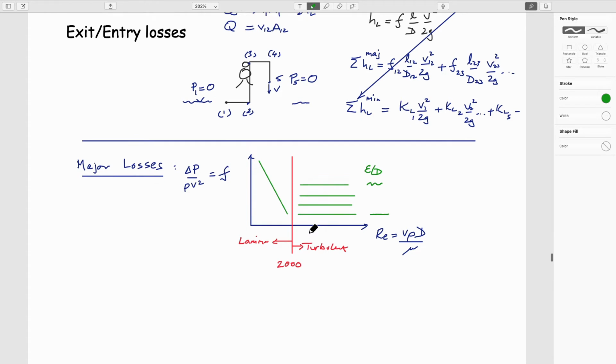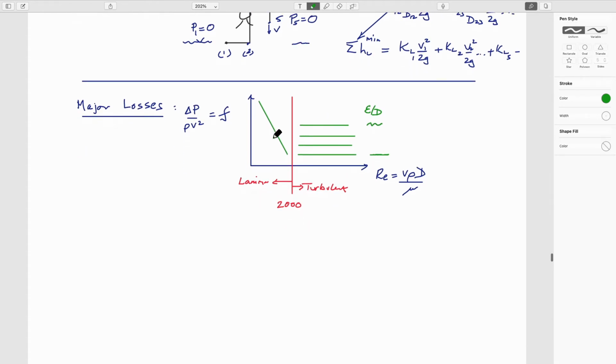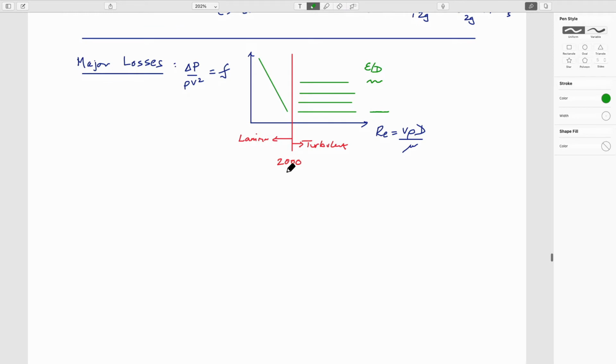And so these change the way that we solve the equations because this is a function of velocity, right? It's a function of Reynolds number. So this friction factor is a function of velocity here. This friction factor is independent. So we solve in two different regimes. So we'll come back to that in a second. Those are the essential components of this chart, which we'll do an example of.